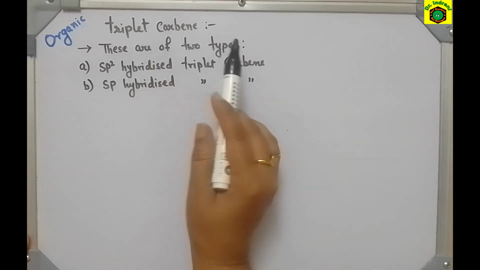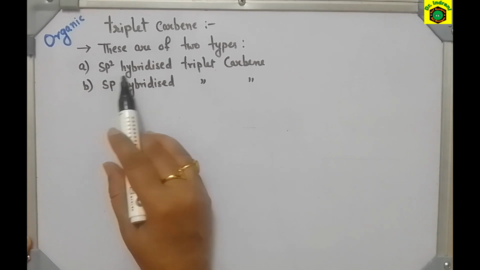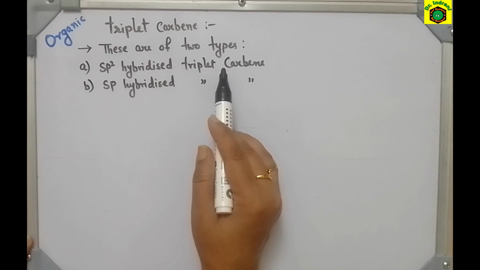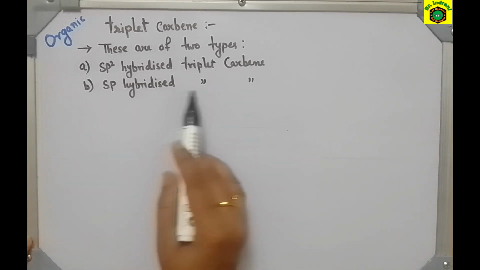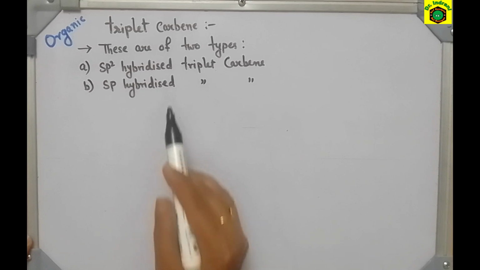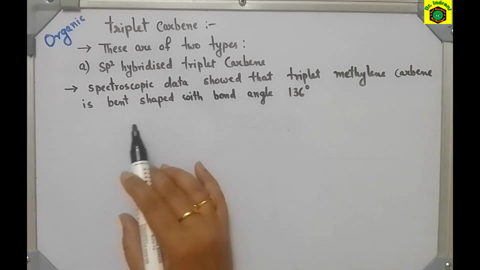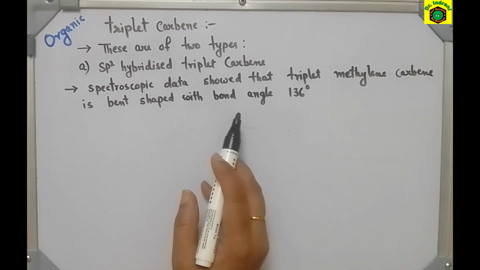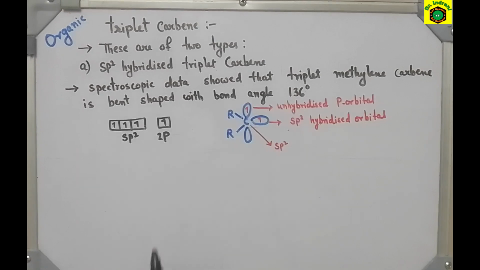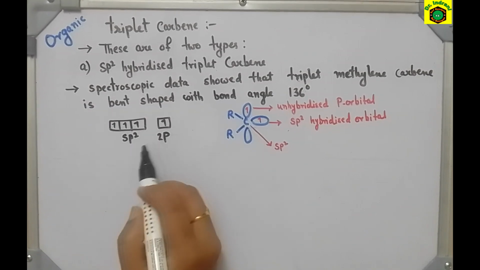Let's start with triplet carbene. Two types of triplet carbenes are there. One is sp2 hybridized triplet carbene, where the hybridization of carbon is sp2. Another is sp hybridized triplet carbene, where the hybridization of carbon is sp. Spectroscopic data showed that triplet methylene carbene is bent with a bond angle of 136 degrees. How will you explain this? Here carbon is sp2 hybridized.